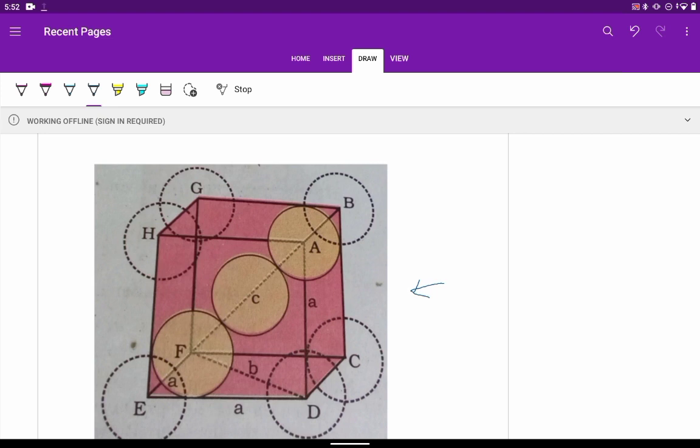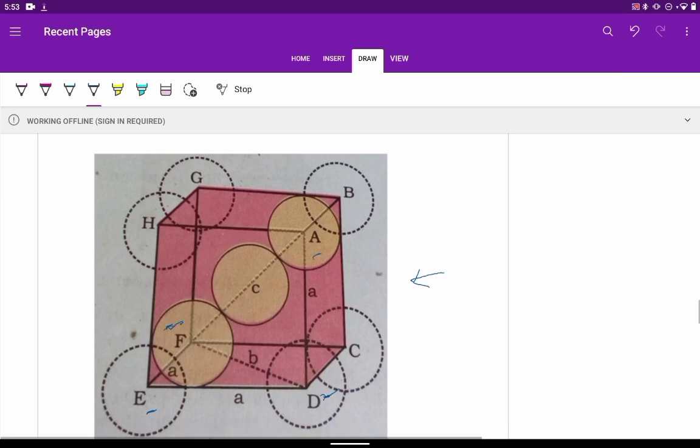So here we have to consider in this structure two triangles, EFD and AFD. So one by one we see.